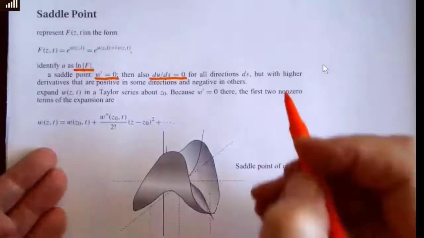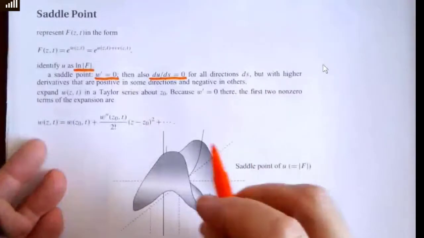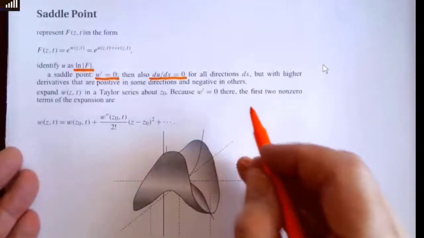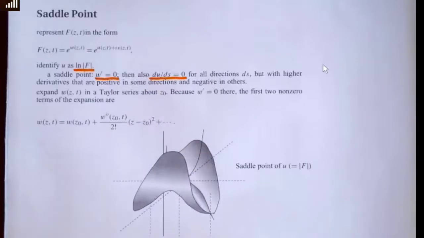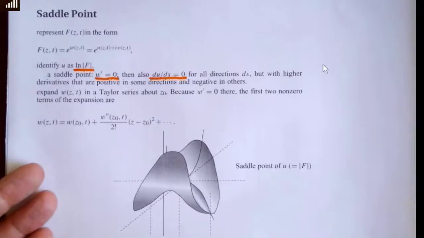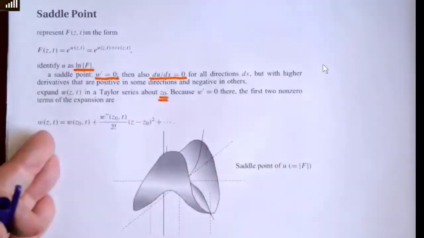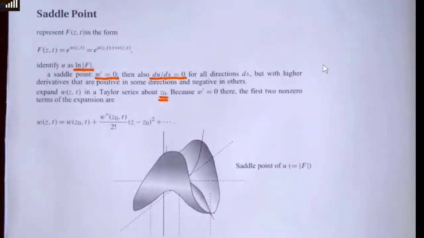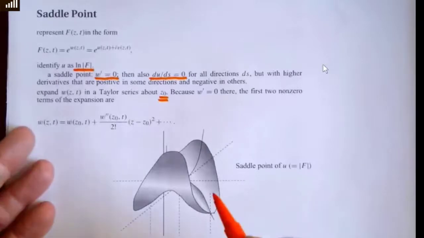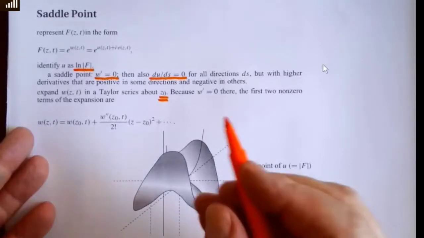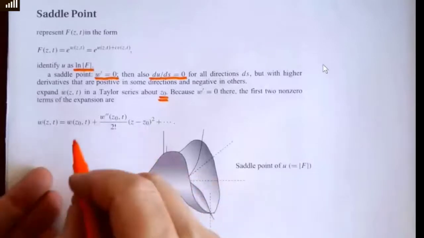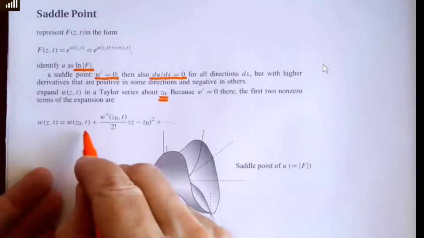So the only thing that we can have in a complex plane is a situation where we have a zero derivative, but then as we go away from zero derivative, in some direction we go down, and in other directions we go up. And to describe this in a neighborhood of the point at which the function has first derivative equal to 0, we do a Taylor expansion, and in the Taylor expansion, the function has a value.